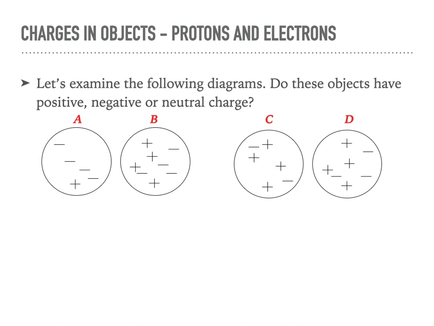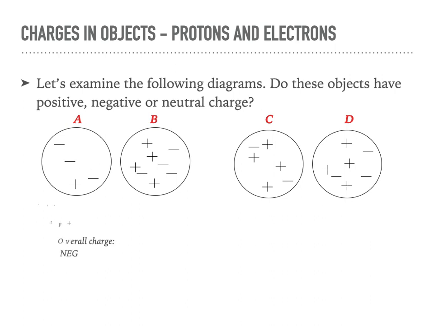So let's examine these objects. Objects A and B are two different balls sitting side by side. You can see that they have a charge on them. If we count how many charges A has, it has 1, 2, 3, 4 negative charges and 1 positive charge. B has 1, 2, 3, 4 positive charges and 4 negative charges.